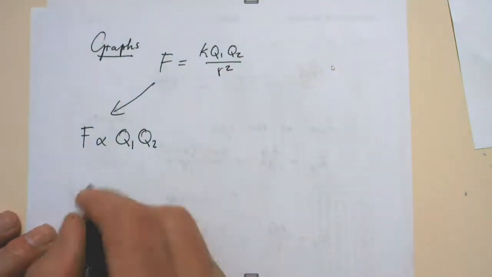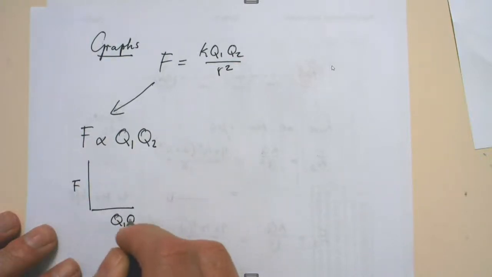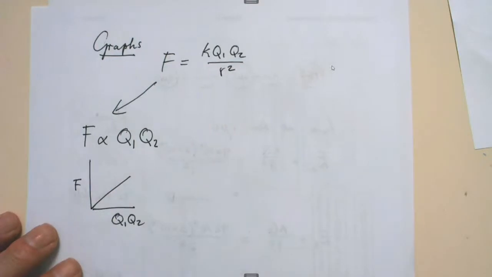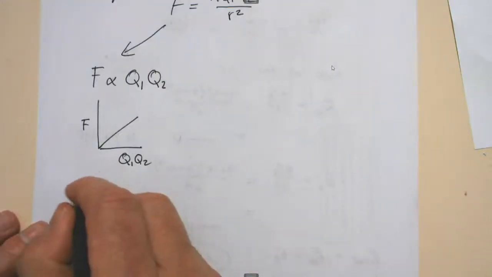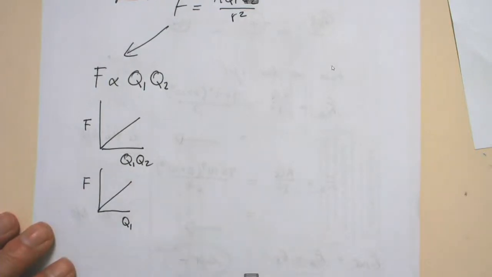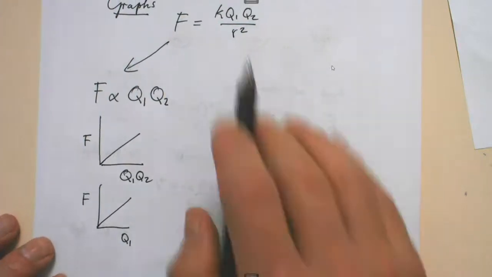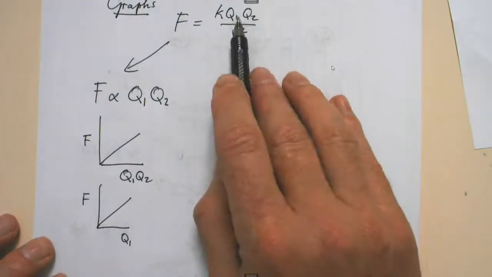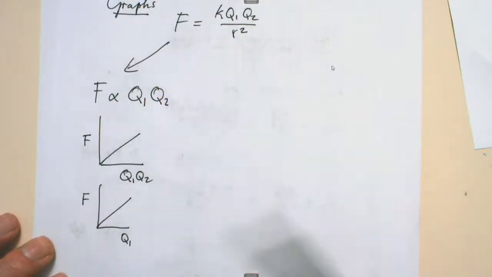That's in your definition. Okay, so my graph will look like this, directly proportional. And it will be the same if I only take Q1 or only take Q2. Same thing, it will be directly proportional. This means that if any one of those is larger, my answer will be larger.